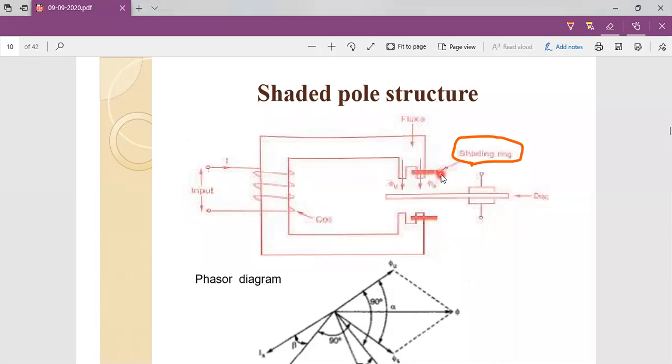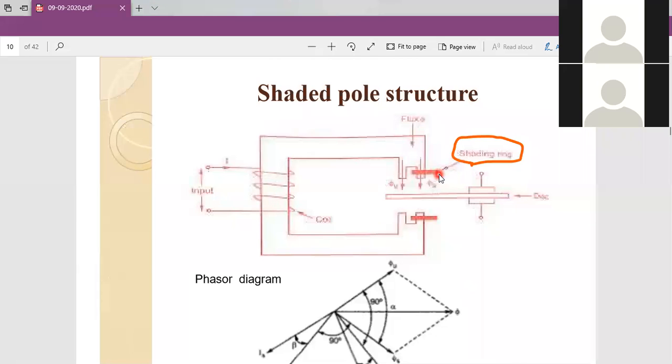These two fluxes are opposite in some cases, equal in some cases, and in the same direction in some cases. So these two magnitudes are not the same.